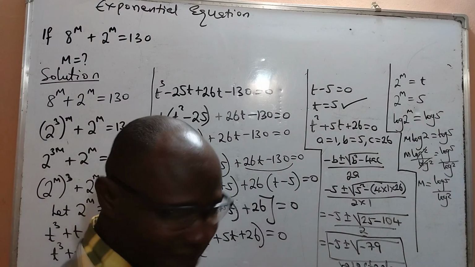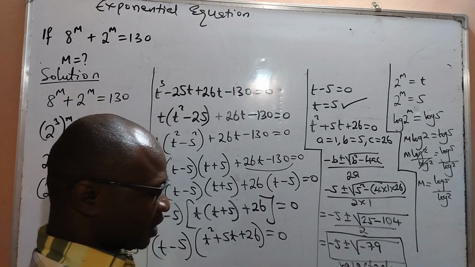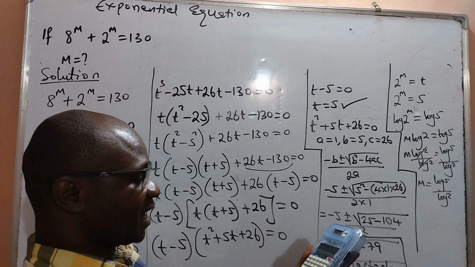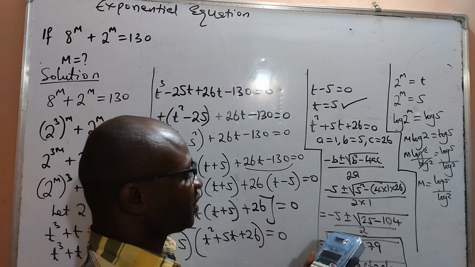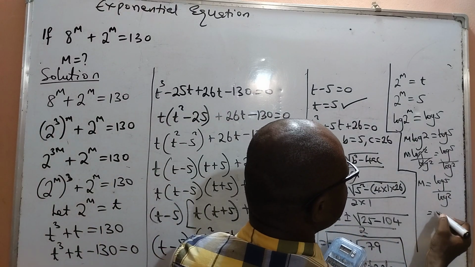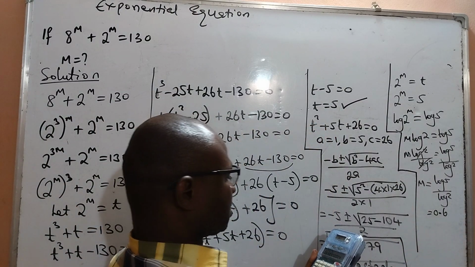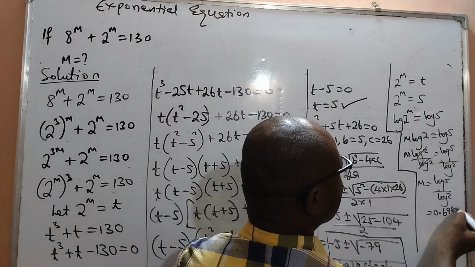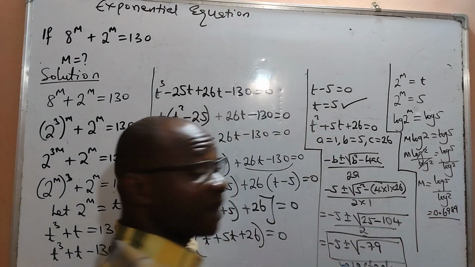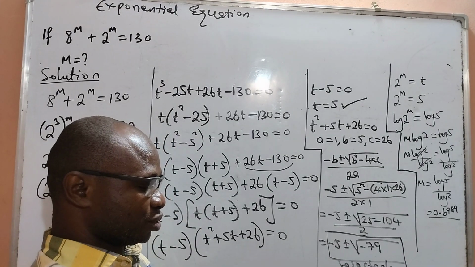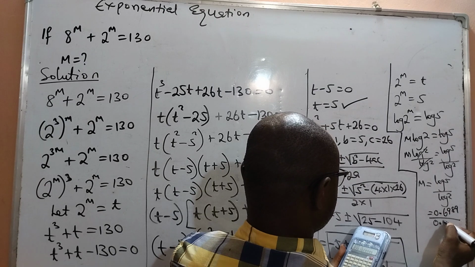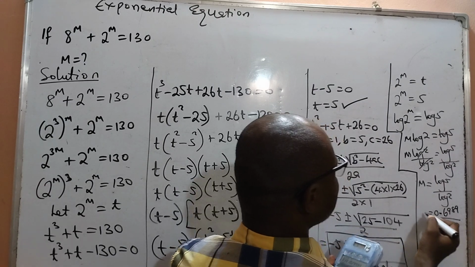Now, we can apply the use of a calculator to find log 5 and log 2. Log 5 is given to me as 0.6989, divided by log 2, and log 2 is equal to 0.3010.